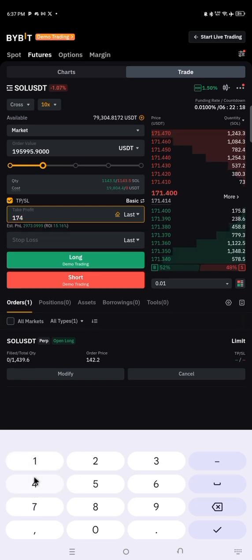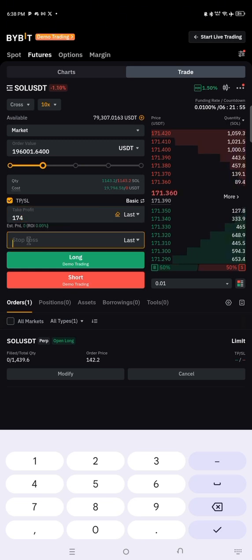That means I have to wait for the market to go to 174 before it will take me out of the market. But if I see that it is giving me a fair profit, something tangible, I can close it at any time. I may not wait for it to go to 174. If it reaches 172 or 173, I can close it.